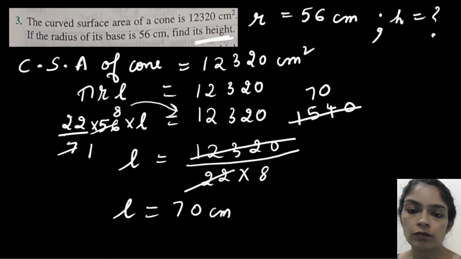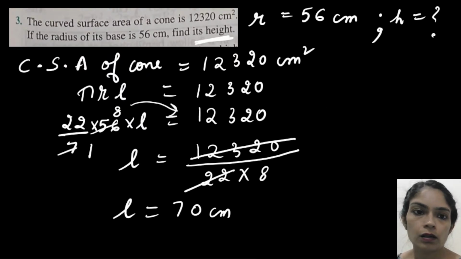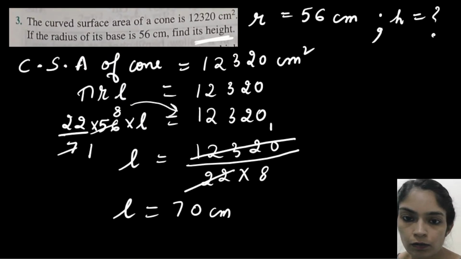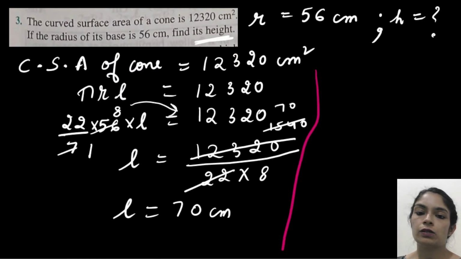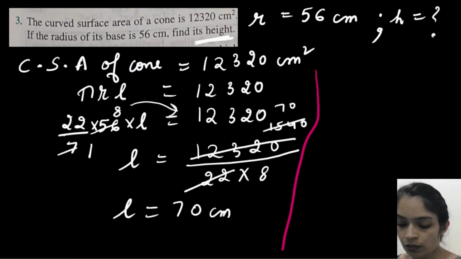Now we can find the value of H, because the main part of the question is to find H. We know this formula again. Yes, Sushil has given the answer.